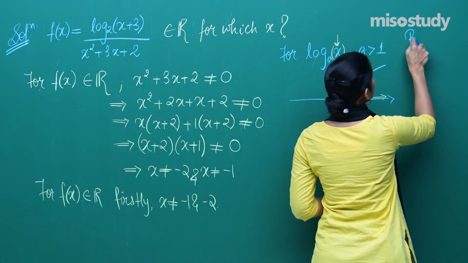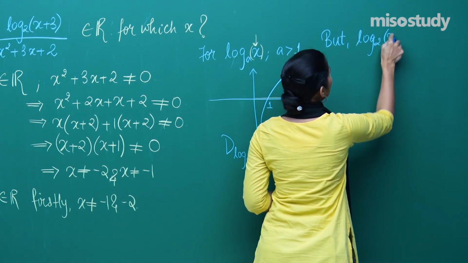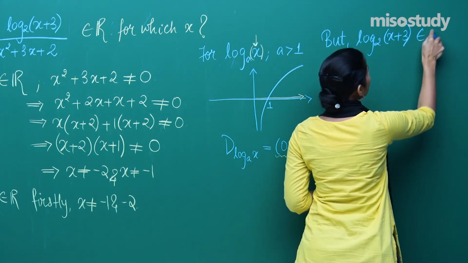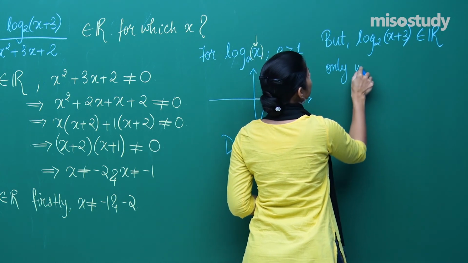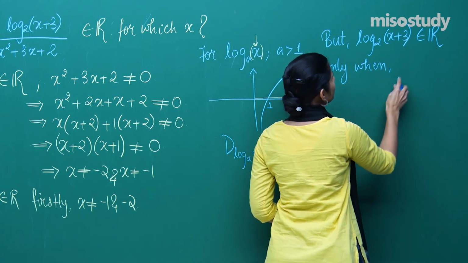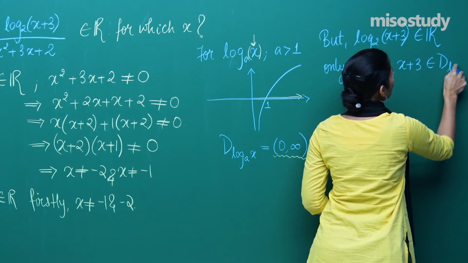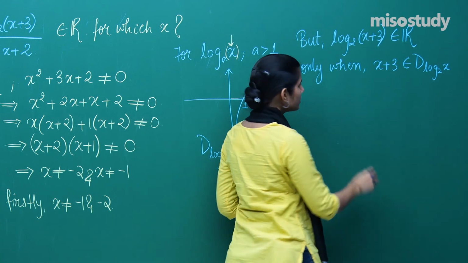I'll write that log to the base 2 applied to x plus 3 is going to give you a real output only when x plus 3 comes from the domain of this log function, right?